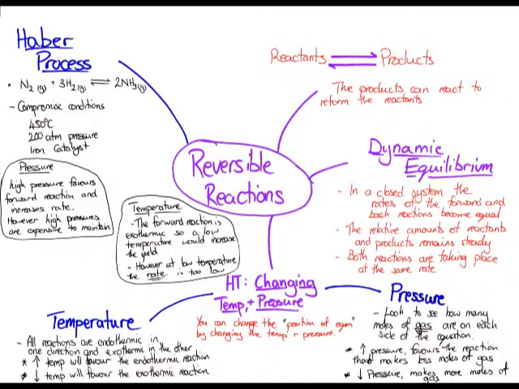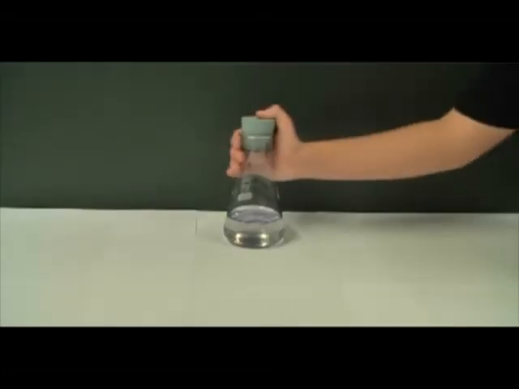Okay, so in most reactions it's very difficult to go back to the starting materials, and so here are some examples of reactions like that. In some cases it's a little bit different.